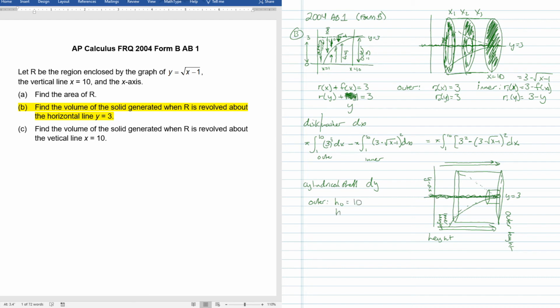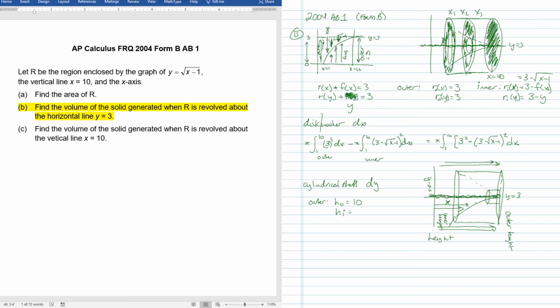My inner height is always going to be, well, let's put it this way. My curve goes yay far. That's going to be an x coordinate.